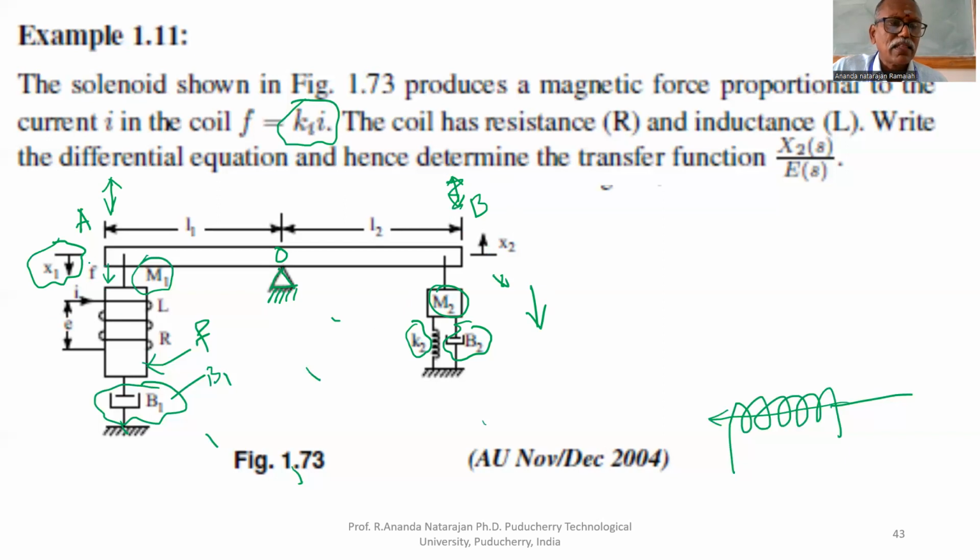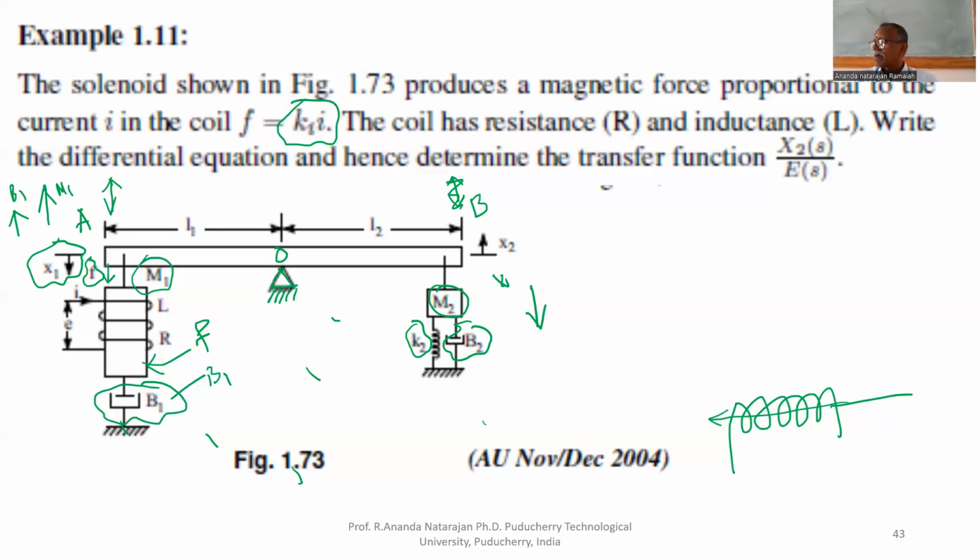Here, the applied force F is downward, so the displacement is downward. Therefore, the reaction forces developed by M1 and B1 are upward, and M2 is downward at this end. Anyhow, the reaction forces try to rotate the beam in the clockwise direction.